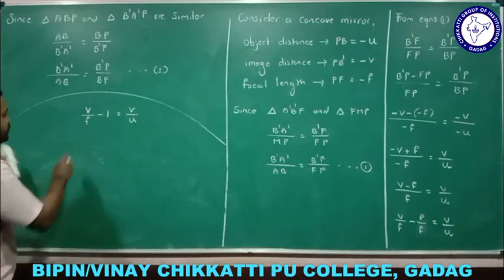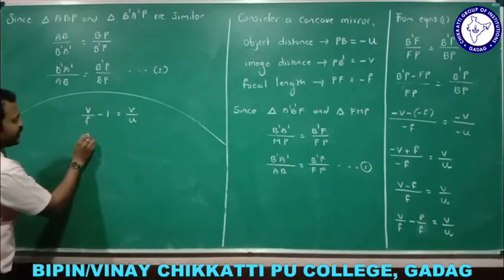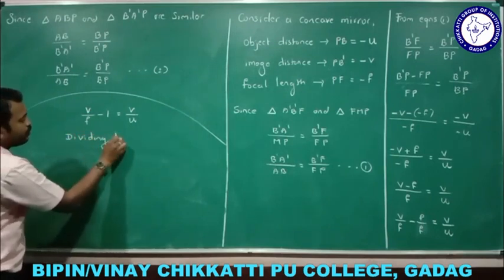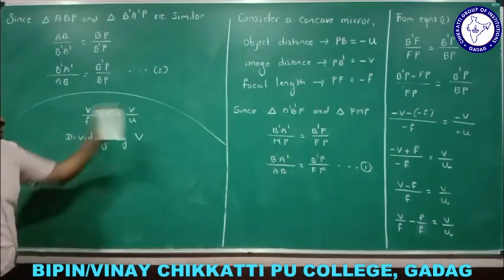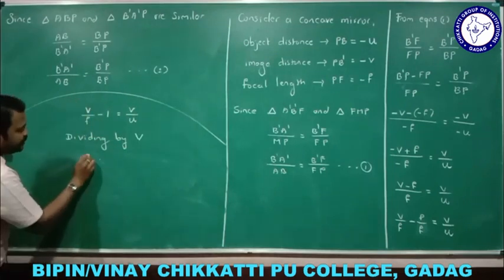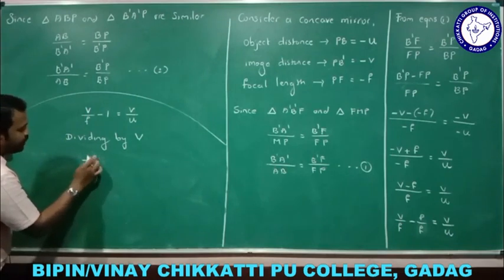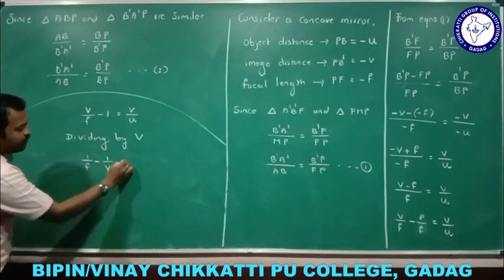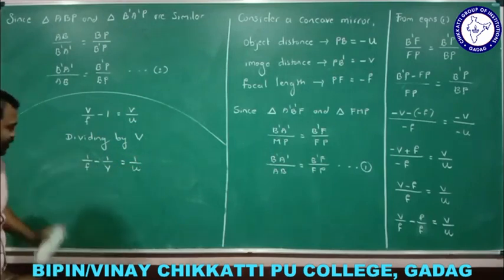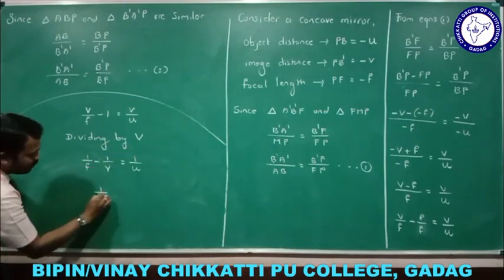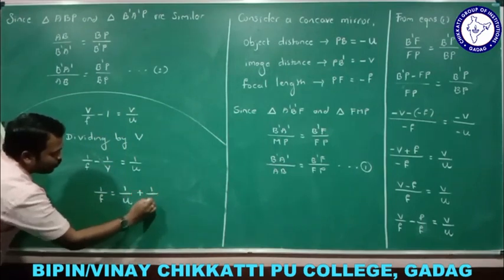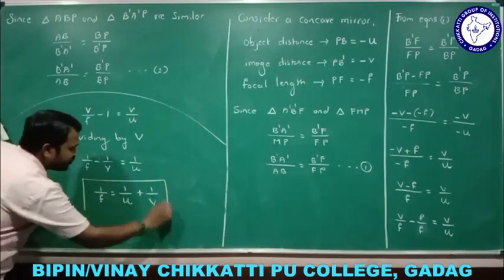If I divide by v, v will get cancelled. So 1 by f minus, dividing by v, 1 by v, is equal to, dividing v by u by v, 1 by u. Shall I send it to that side? 1 by f is equal to 1 by u plus 1 by v.